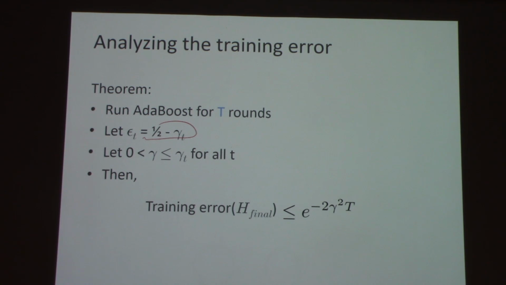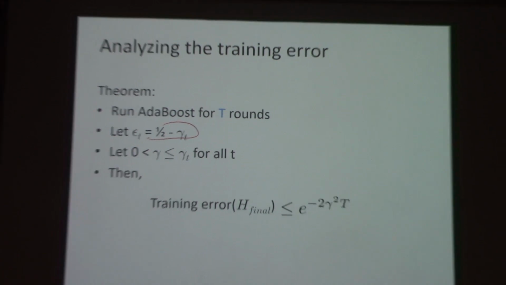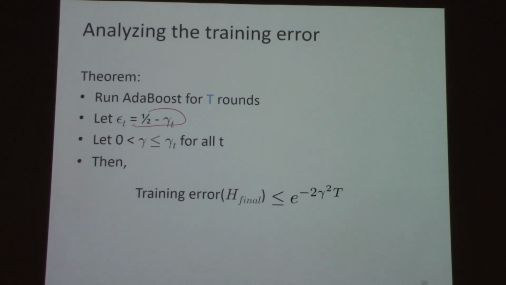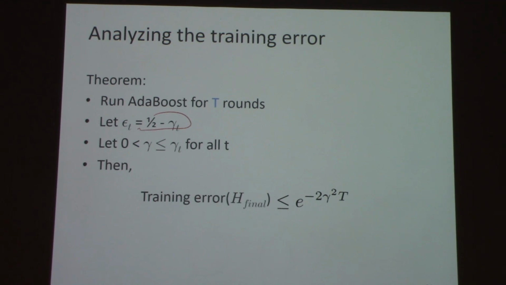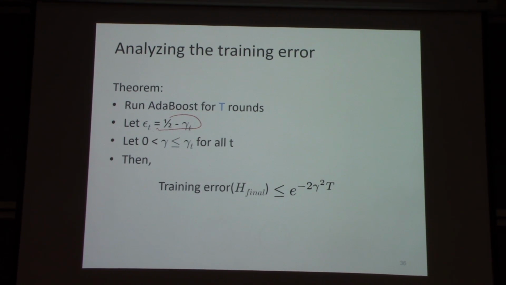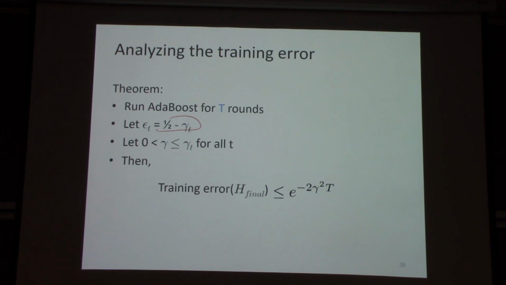And AdaBoost was this constructive proof of the following idea. If a concept is weakly PAC learnable, meaning there's a PAC algorithm whose error is just slightly better than chance, then the concept is strongly learnable. And the proof for that was this algorithm called AdaBoost.